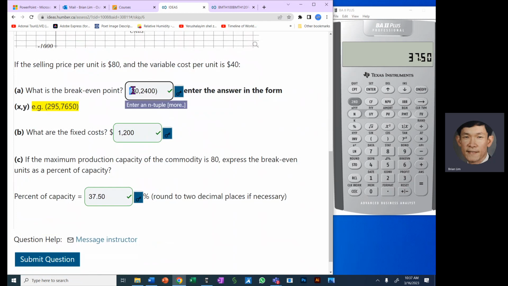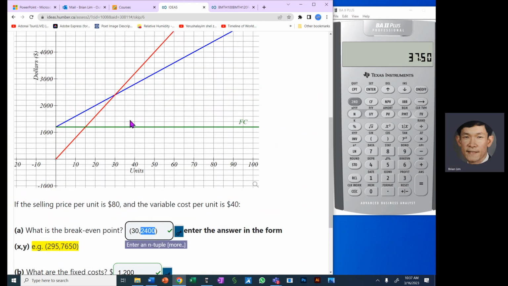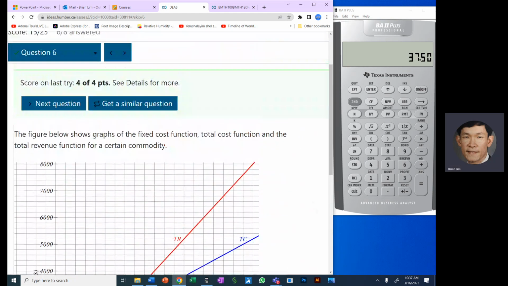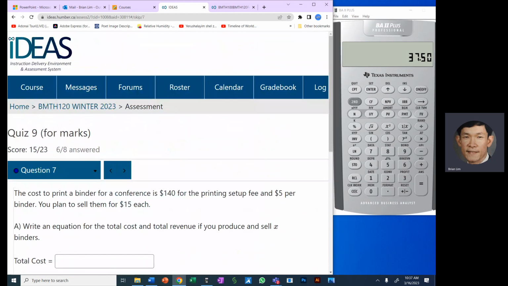Okay, so this is important. Put in the parentheses. Parentheses must be there. And only one comma separator, separating the number of units from the total revenue. All right? Or the revenue at that point of 30 units. It was right here, and over there was 2,400. Okay, so we will leave that question and go to the next question.